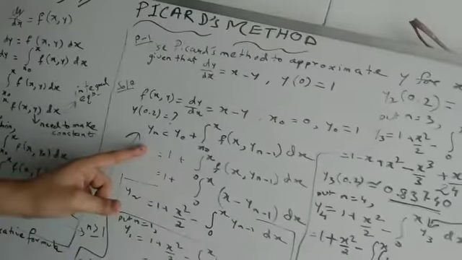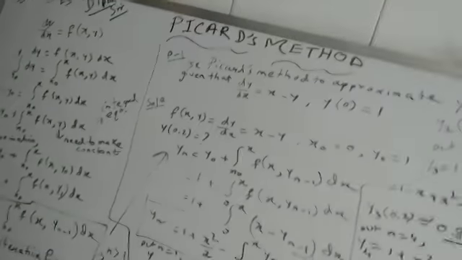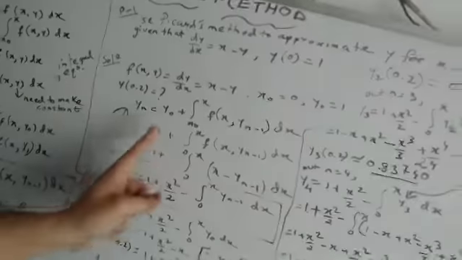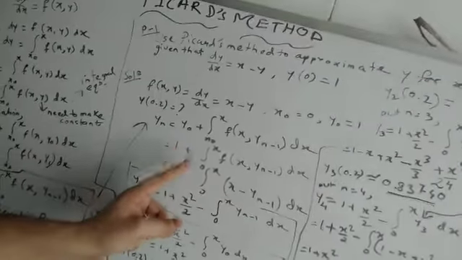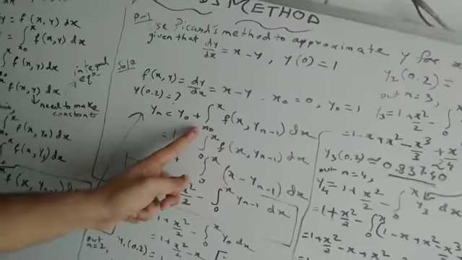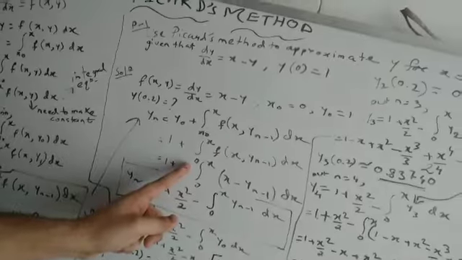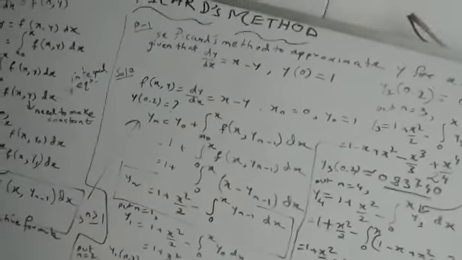So what you can do here is just write the formula. Now what is y0? y0 is 1, and x0 is 0, so in place of x0 you write 0, and keep other things as they are.